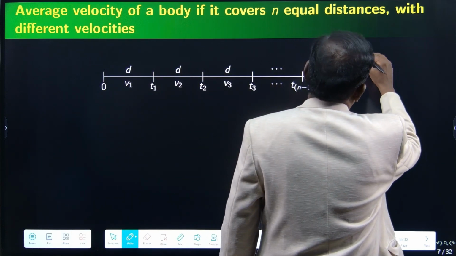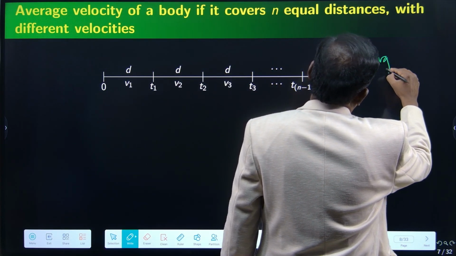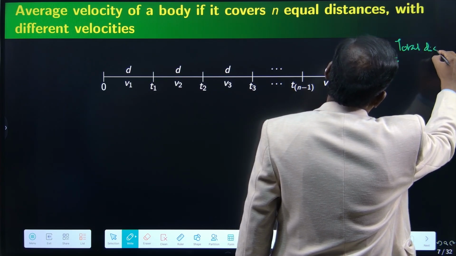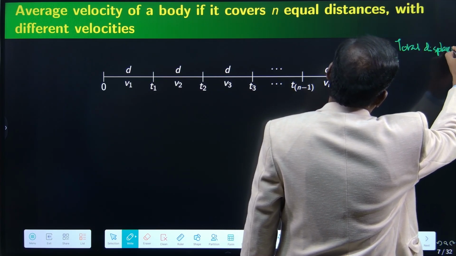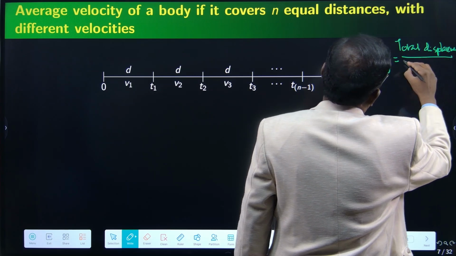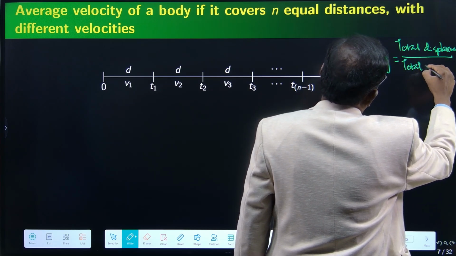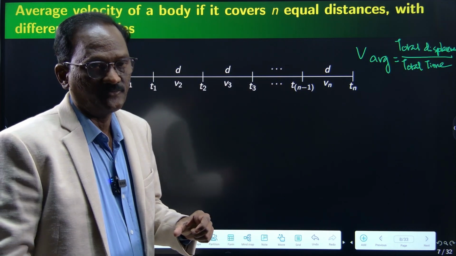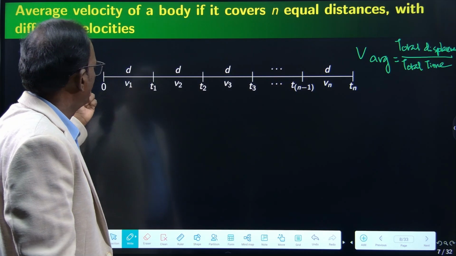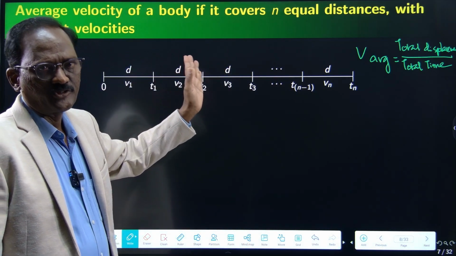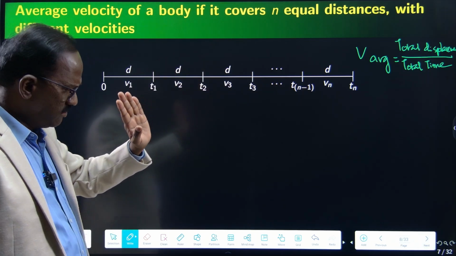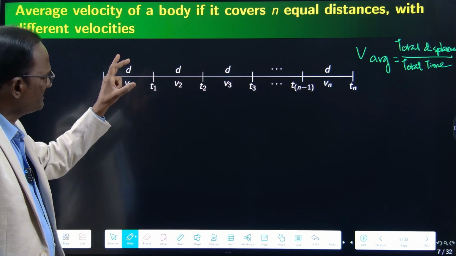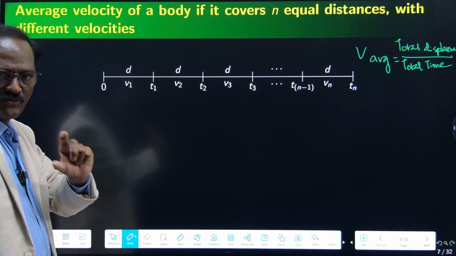Average velocity is equal to, this is the formula, total displacement over total time. Total displacement. For speed also you can use it, because it is a straight line. So for speed also you can use it, this is the traveled path, right? At the end of this discussion, we will get one formula.